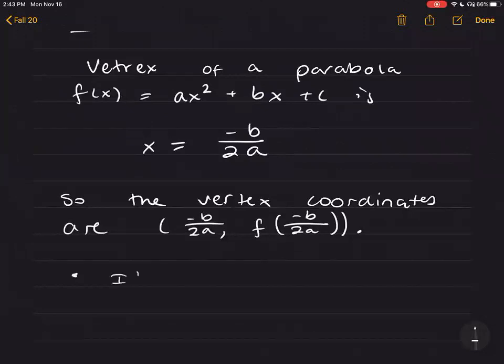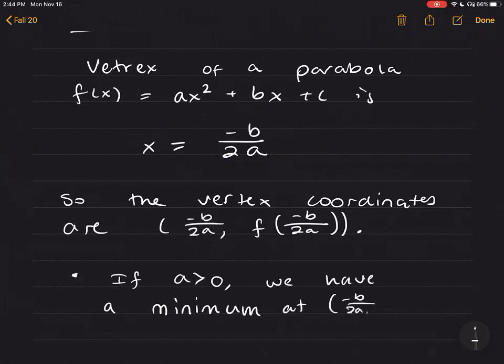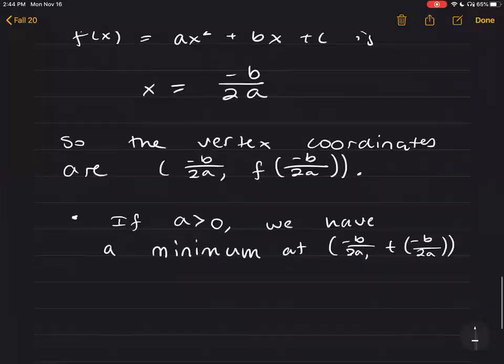So if a is positive, we have a minimum at that point. And the minimum value is f of negative b over 2a. And then similarly, if a is negative, we have a maximum.